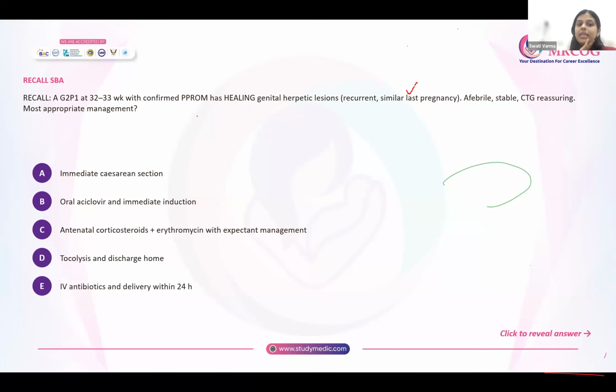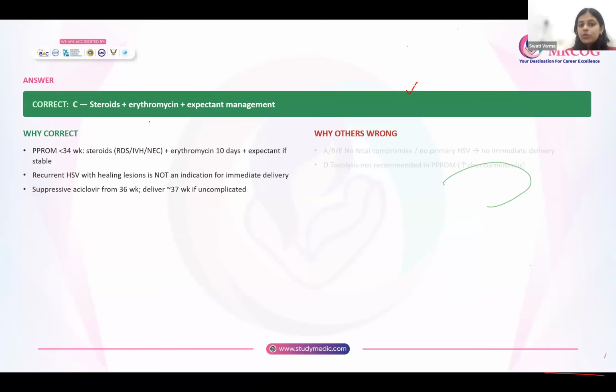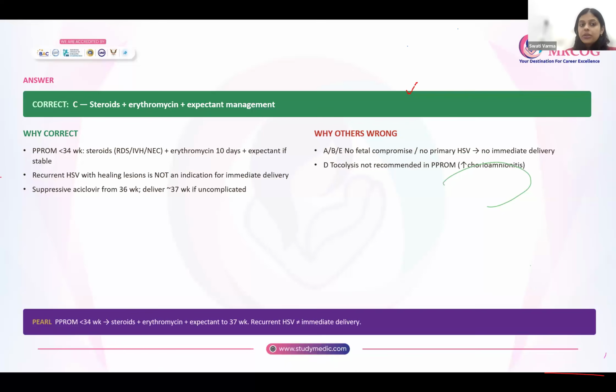Oral acyclovir and immediate induction at 32 to 33 weeks, not required. Antenatal corticosteroids plus erythromycin with expectant management can be considered. Tocolysis is not to be preferred in PPROM. IV antibiotics and delivery within 24 hours, not required. So the best option here seems to be C: steroids, erythromycin and expectant management.